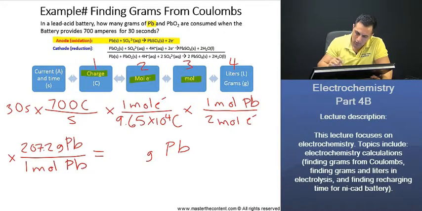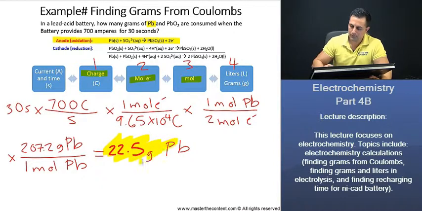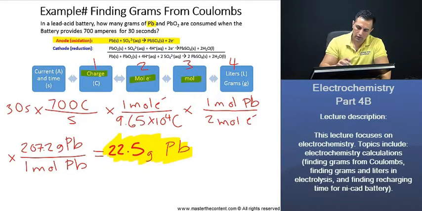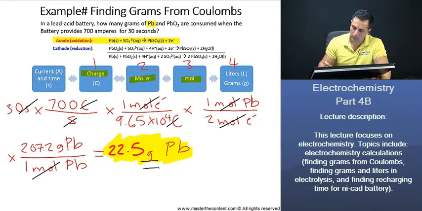Once you equate this, you will end up with 22.5 grams of lead. And it's that easy. You don't need to make it more difficult than it needs to be. As long as you follow your conversions, you're going to be fine, and that gives you grams. Let's go ahead and solve the second part of this problem now on the next slide.